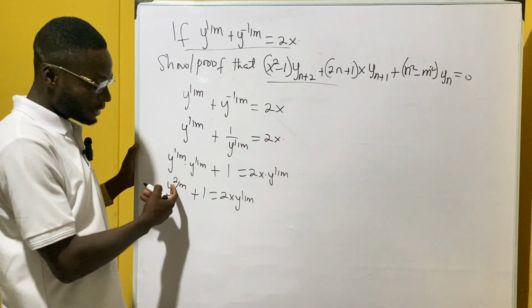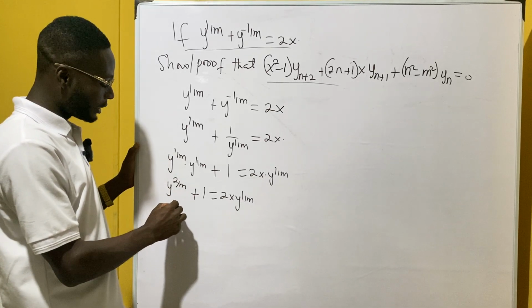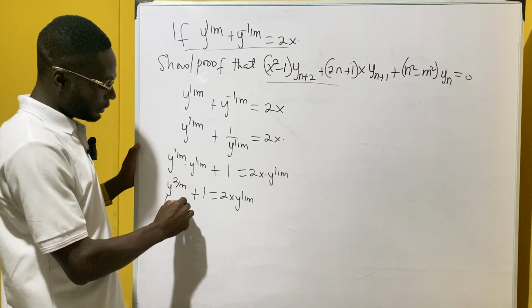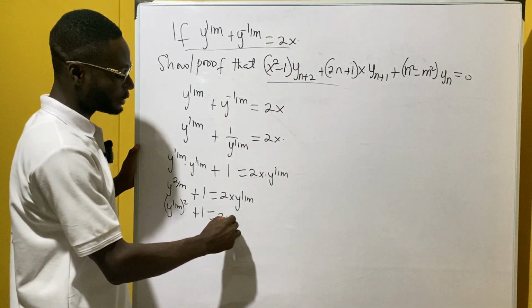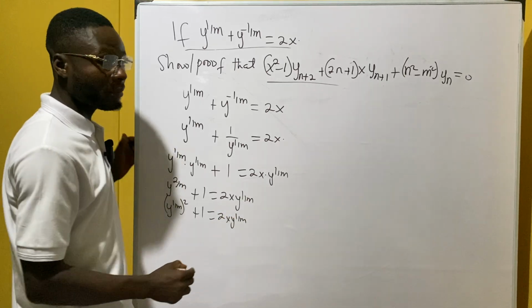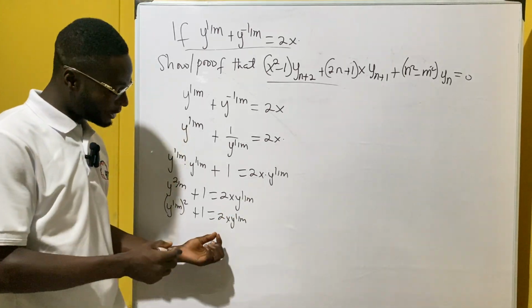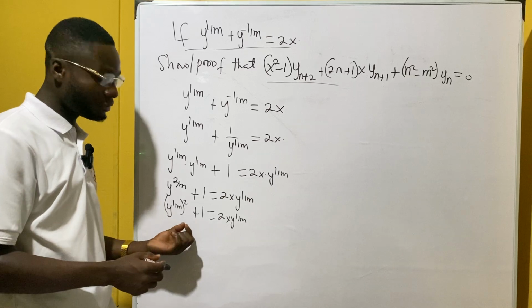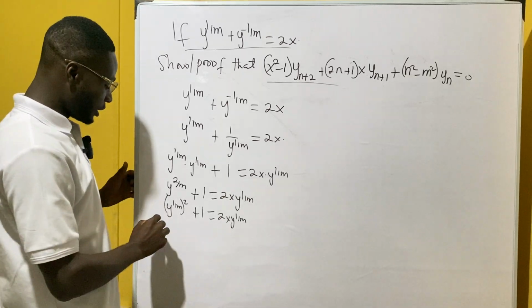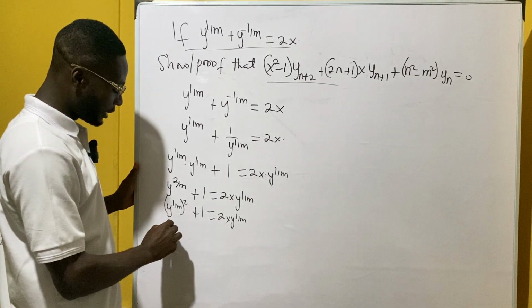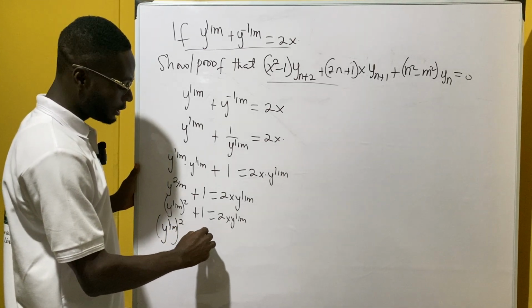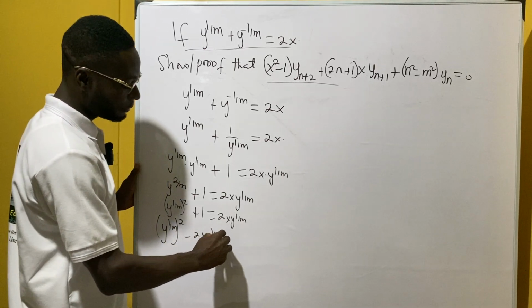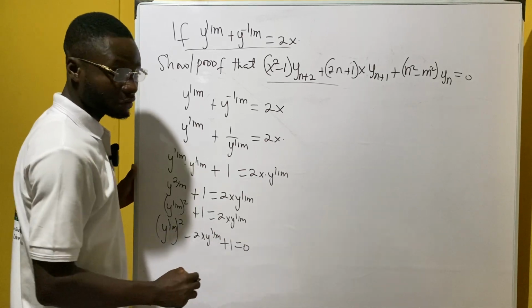We know this can be written as (y^(1/m))² + 1 equal to 2x y^(1/m). So we can shift this over and equate it to 0, so we have (y^(1/m))² − 2x y^(1/m) + 1 equal to 0.